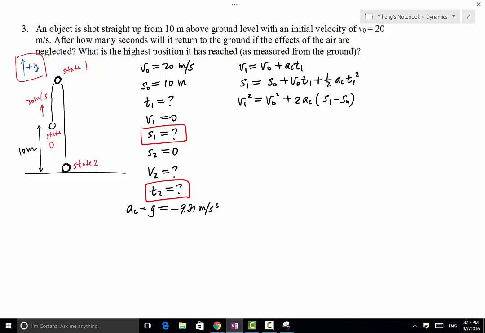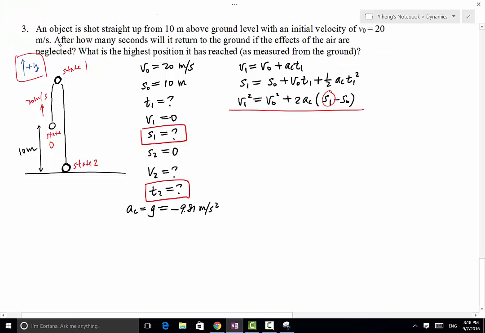So let's evaluate what we have and what we need to find out. We realize that this equation right here is the best one because we need to find out what S1 is, and we do know v0, v1, a_c, and S0. So in this equation, we have one unknown, but all the other parameters are known. Therefore, that seemed to be an obvious choice.